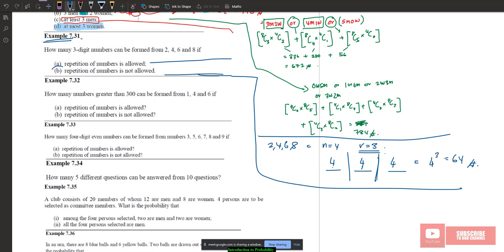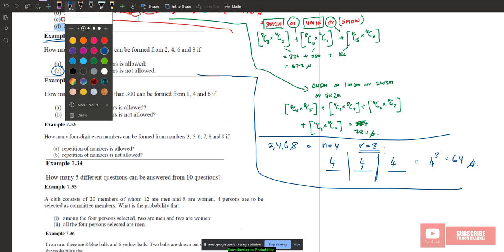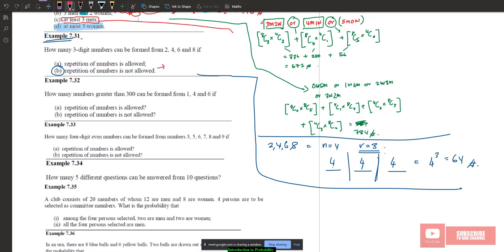Now for part B, if repetition of numbers is not allowed, you have a 3-digit number. For the first digit, you have 4 choices. If you already picked number 2 for the first place, for the second place you have 3 choices, because repetition is not allowed.